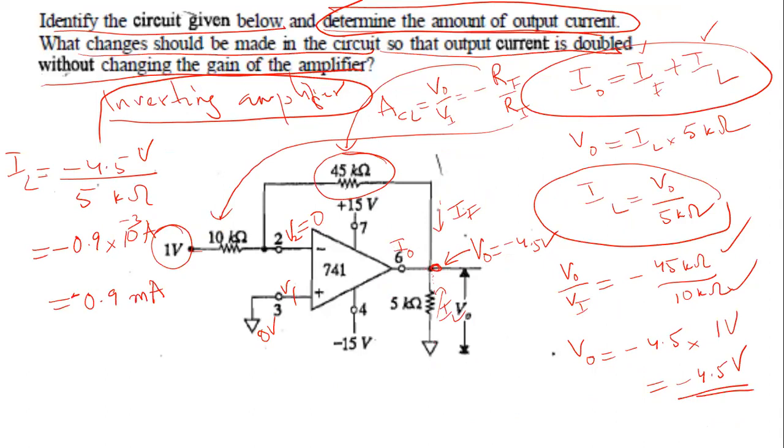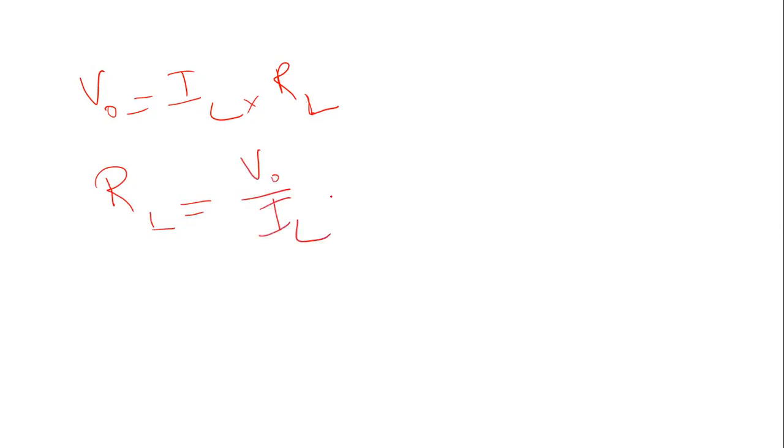So for your load current to be 1.9 milliampere, you know that from this relation here, your V naught is load current into load resistance RL, isn't it? So the new RL value has to be, V naught was minus of, never mind about this negative and all, V naught is 4.5 volt.